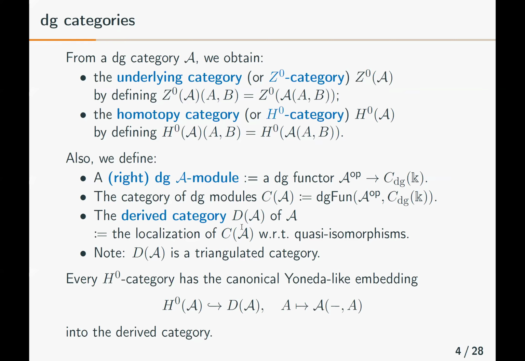This is a triangulated category. There is a canonical fully faithful functor from H^0 A into D(A) given by this Yoneda-like assignment. This embedding will play an important role later.